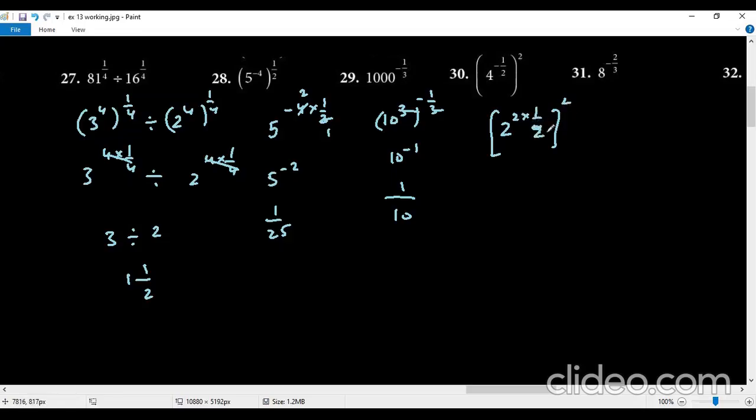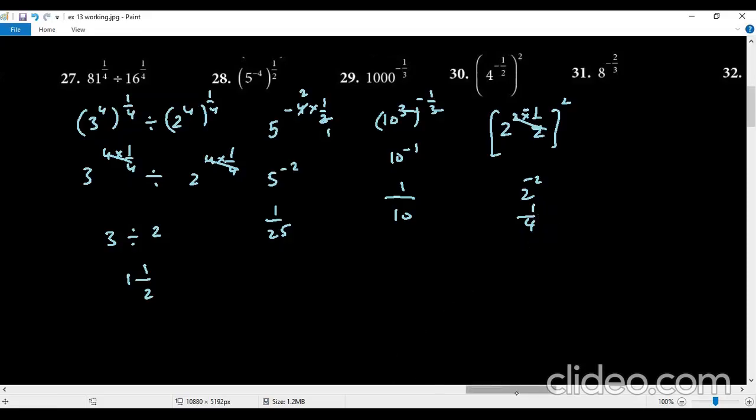These two are going to be cancelled. So 2 square means 4 is going to be your answer. And this is negative half. That means this is going to be 2, and it's going to be 1 over 4.